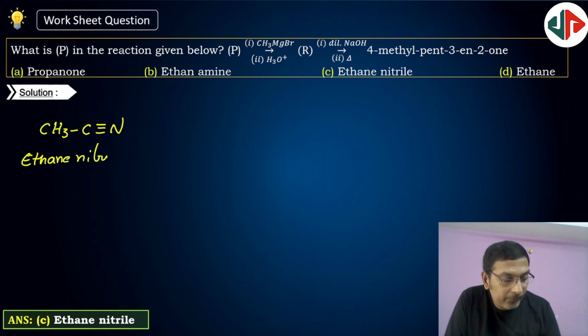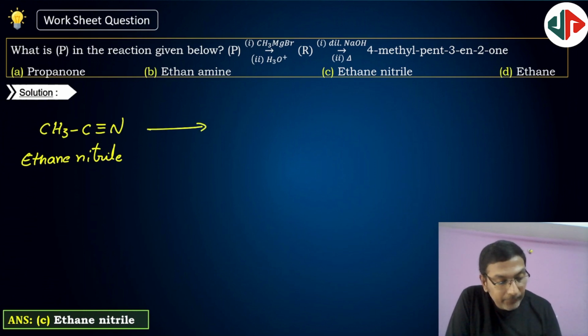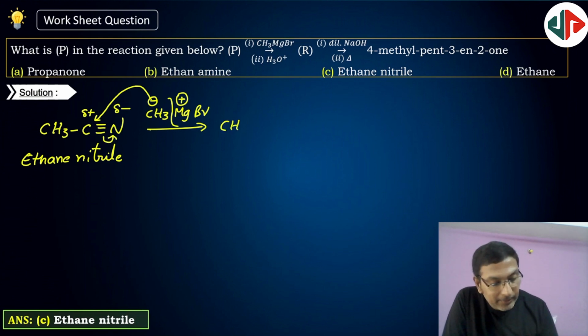So first, on the reaction with CH3MgBr, it dissociates like this, a delta minus and a delta plus. So CH3 attacks this electron deficient carbon and the electron pair will be shifted towards nitrogen. It gives intermediate compound CH3, CH3 double bond N MgX.